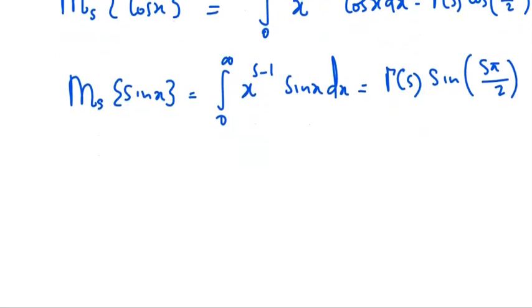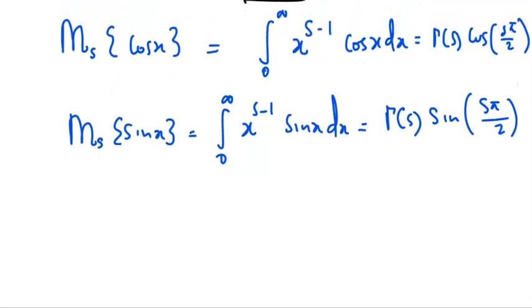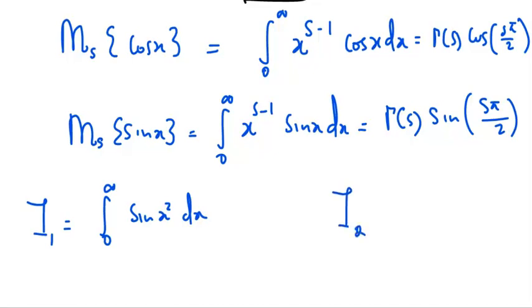But how is this going to help us here? We have sine of x squared and cosine of x squared. So let's start with the following. We have the integral from 0 to infinity of the sine of x squared dx, let's call this I sub 1, and here I sub 2, which is equal to the integral from 0 to infinity of the cosine of x squared dx.